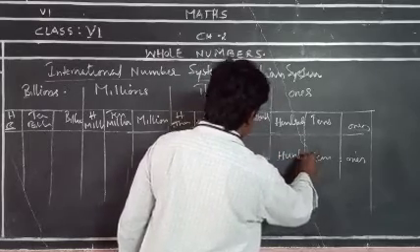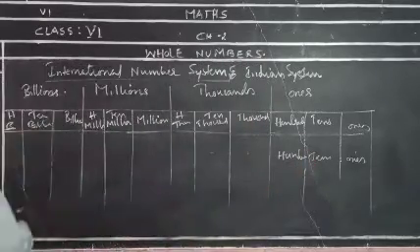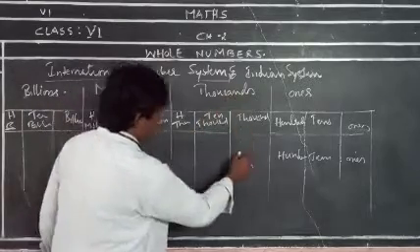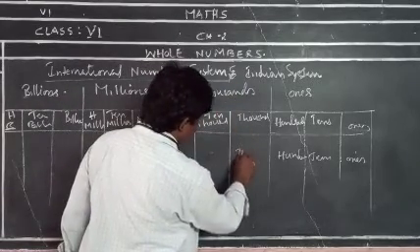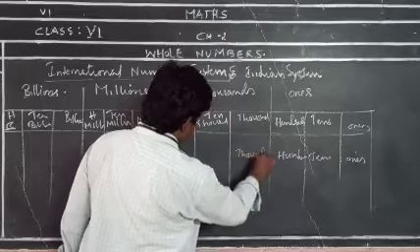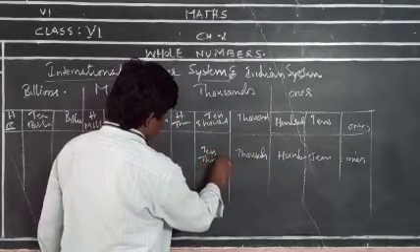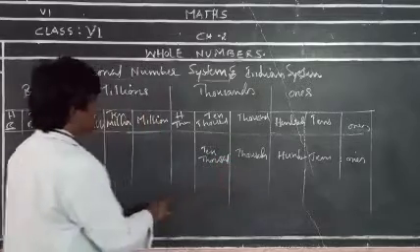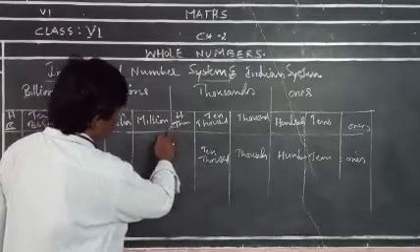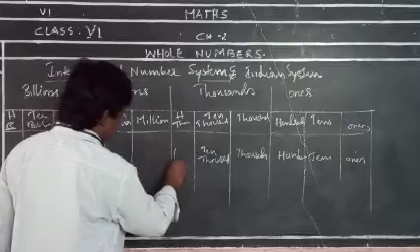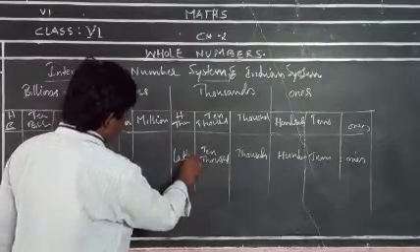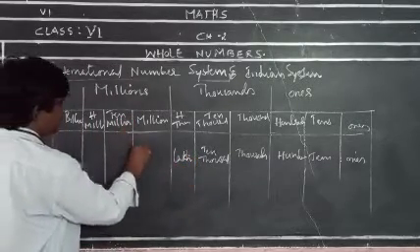In thousands, you get thousands, here 10,000s. But in the Indian system there are no 100,000s; you get 1 lakh, and here you will get 10 lakhs.